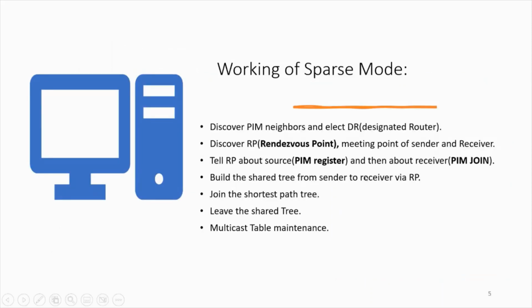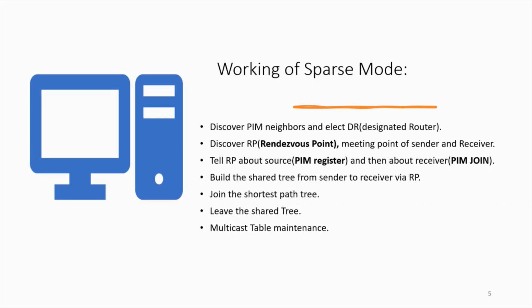We'll talk in depth about the working principle of sparse mode. The first step is to discover the PIM neighbors, and if there are multiple PIM neighbors, it will elect the designated router. Step 2 is to discover where the rendezvous point is, which denotes the meeting point of the sender and the receiver.